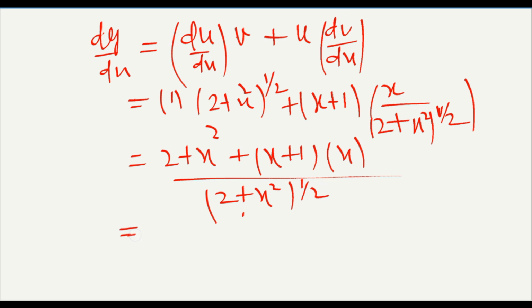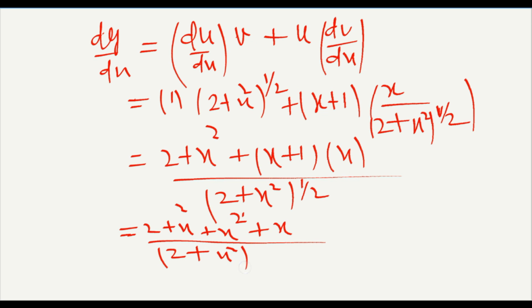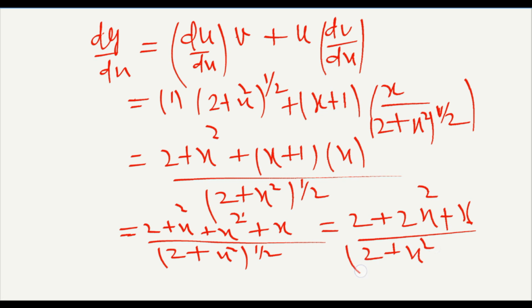So this is 2 plus x square plus x square plus x upon 2 plus x square raised to power 1 by 2, which is 2 plus 2x square plus x upon 2 plus x square raised to power 1 by 2.